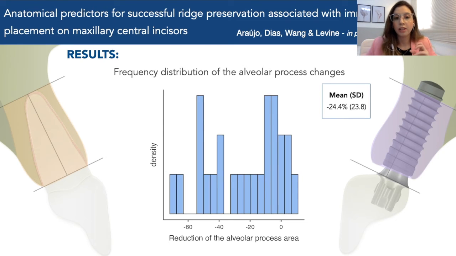And this is shown in this frequency distribution. The implant ridge lost on average 25% of its pristine dimension when compared to the tooth side, but there was great variation. That is, some sites presented a huge reduction, while others seemed successfully preserved.